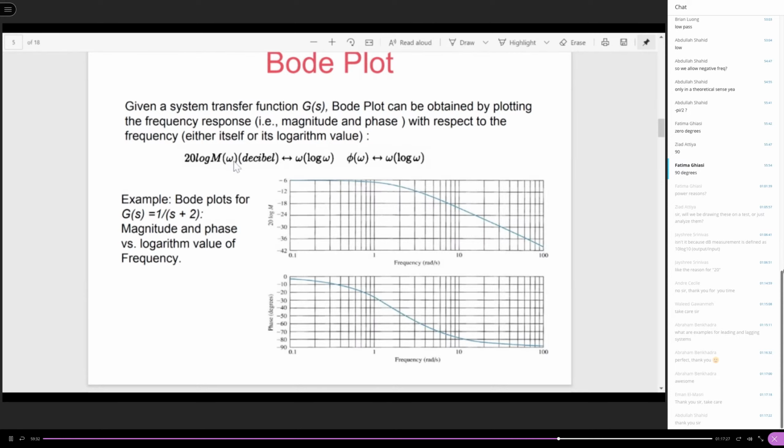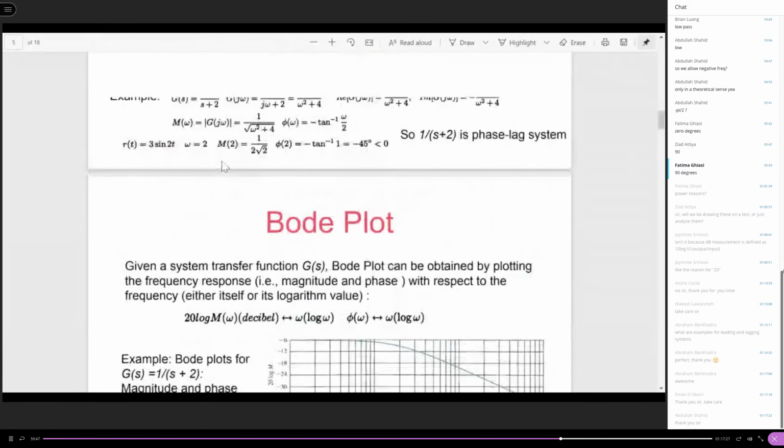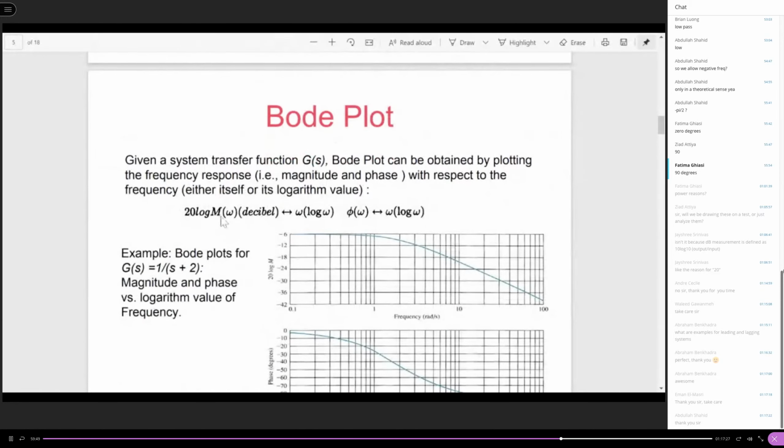You're going to find out that the log carries one advantage. Let's say you have a product of two transfer functions, M1 of omega multiplied by M2 of omega, and then you take the log value.